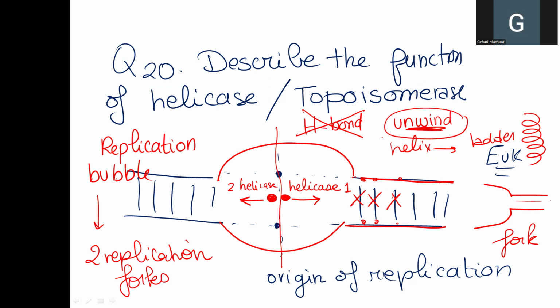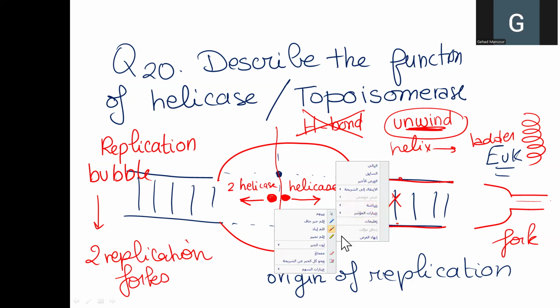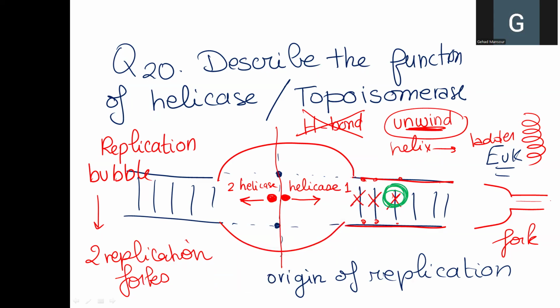As we said, there should be unwinding first of the DNA molecule helix, because sometimes the helix is too tight. So ahead of the DNA helicase, there is another enzyme called topoisomerase. Topoisomerase does what? Helicase breaks down the hydrogen bonds, but the enzyme that walks ahead of it, topoisomerase, will not act on the hydrogen bonds.